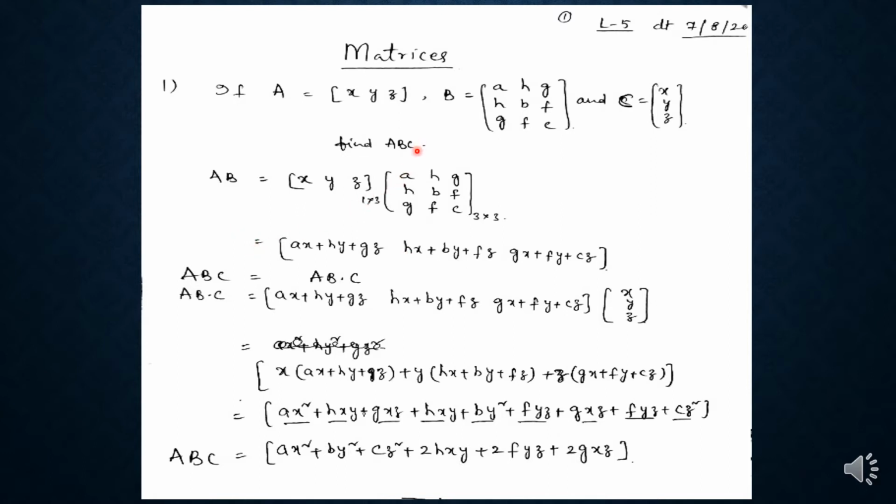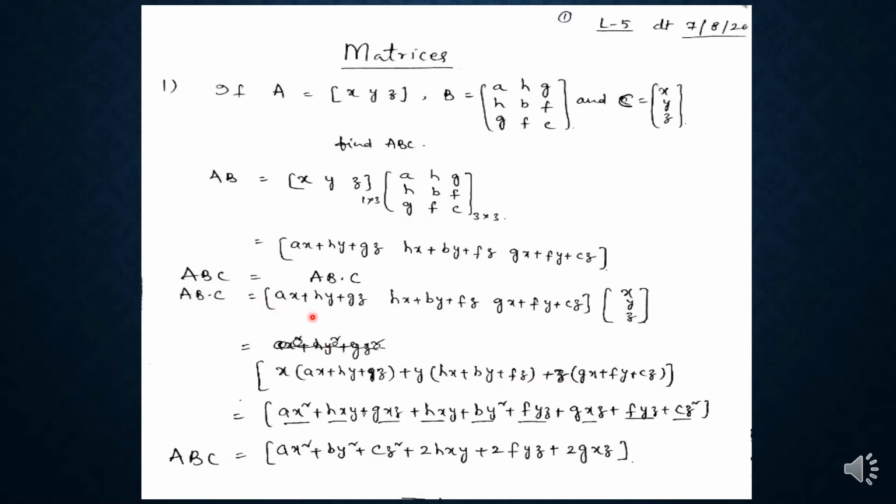Now we have to find ABC, that is AB into C. Here AB is the row matrix of order 1 by 3, that is [AX plus HY plus GZ, HX plus BY plus FZ, GX plus FY plus CZ], into C, which is the column [X, Y, Z].